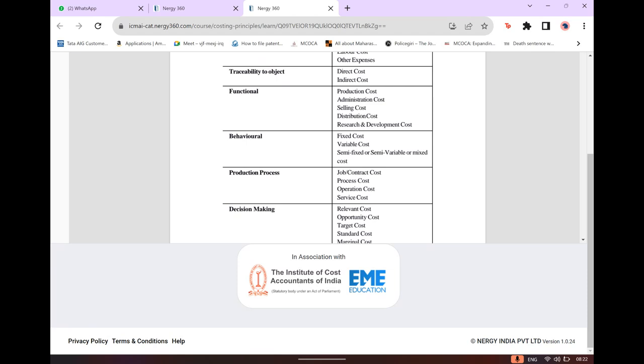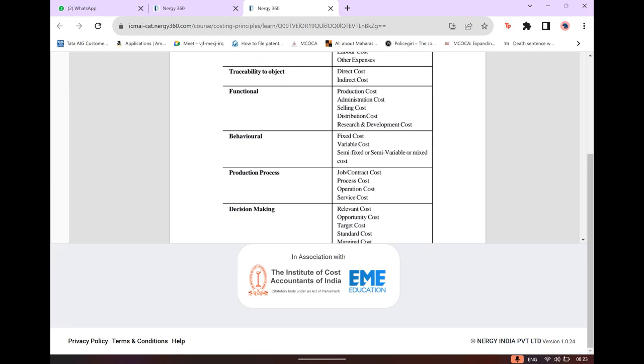And fixed cost you have to incur irrespective of whether the production is happening or not, like rent of a building, salary of the staff. Even if you are not doing any business, you should be able to incur this. That is the reason it is called a fixed cost.